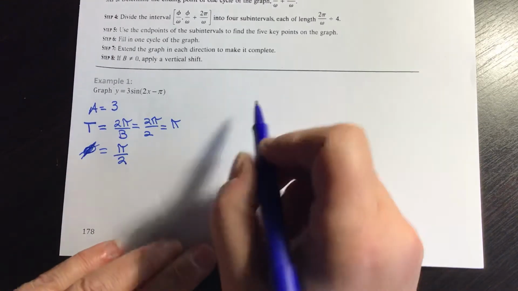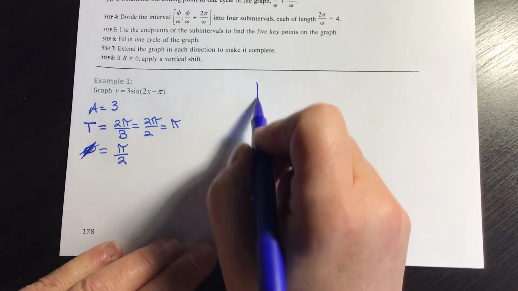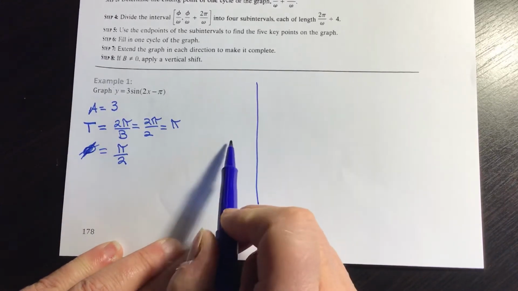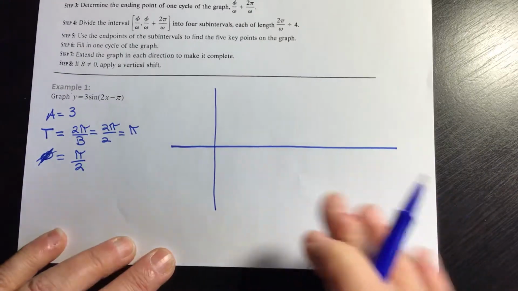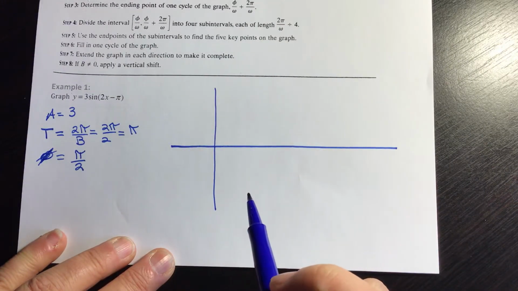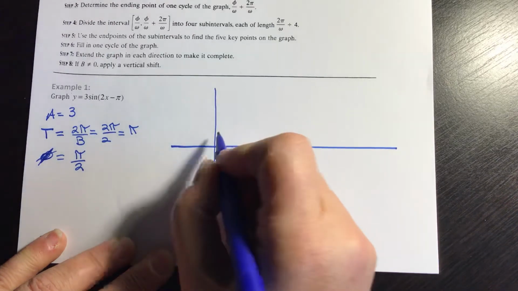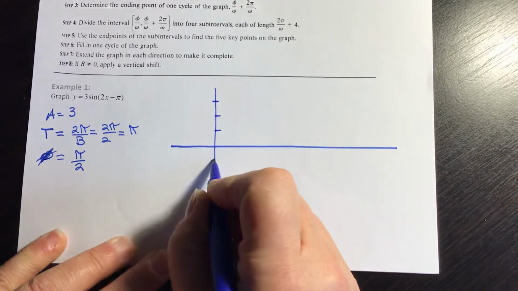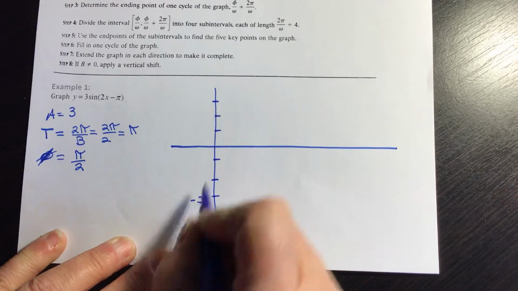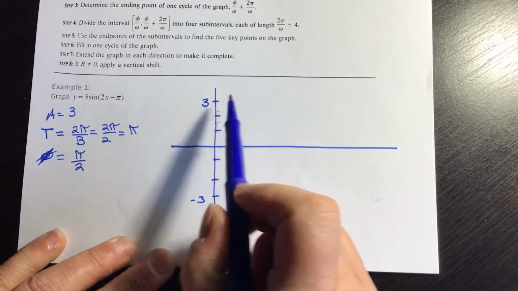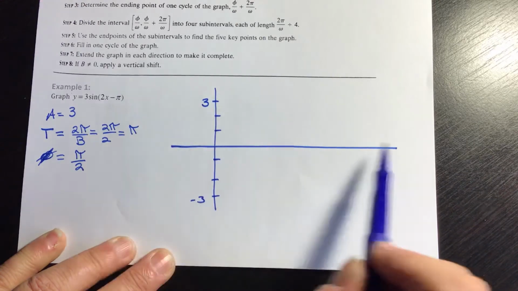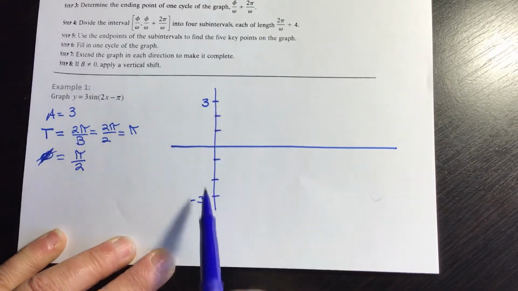So let's get a graph going here. Because I need an amplitude of 3, 1, 2, 3, and I don't have any up or down shift, I know that all of my sine graph is going to be between 3 and negative 3.